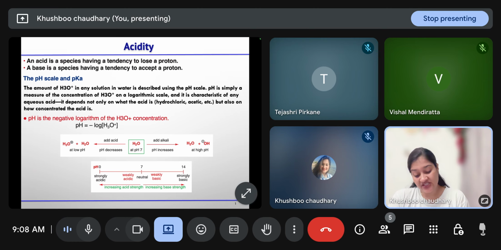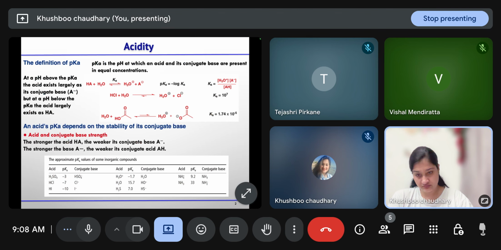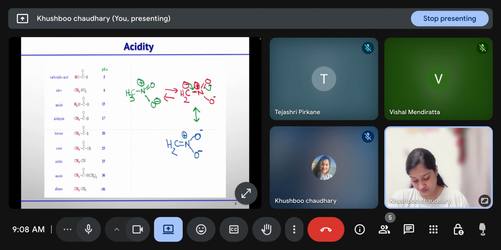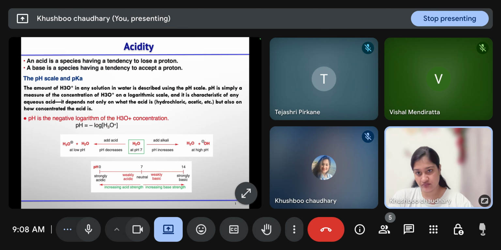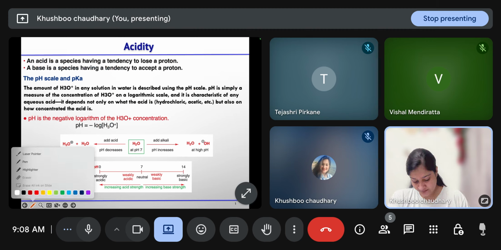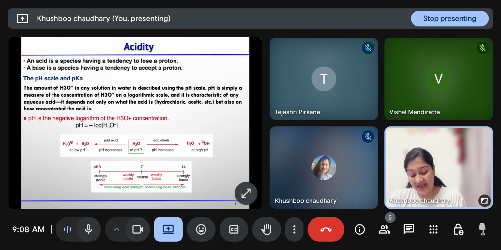So, the basic definition tells us that an acid is a species that has a tendency to lose a proton. For example, if we have HCl, on losing a proton it will form H+ plus Cl-.